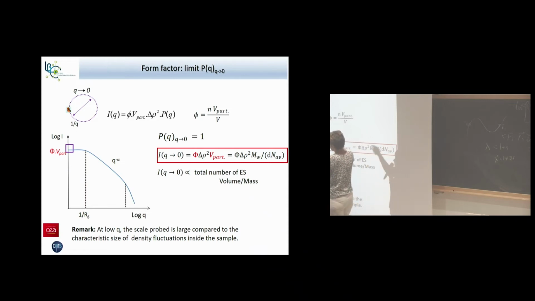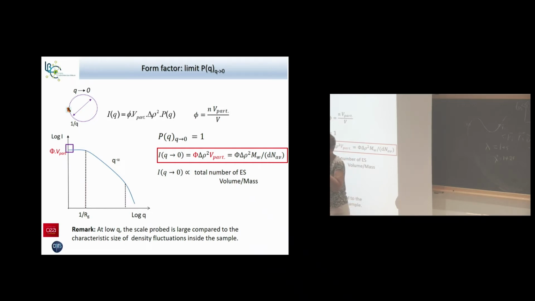So let's start with small Q value. The scattering intensity is proportional to the volume fraction of the sample. Remember, we want to know the distribution, the fluctuation inside the sample, and what is important is the volume fraction, not the mass fraction.